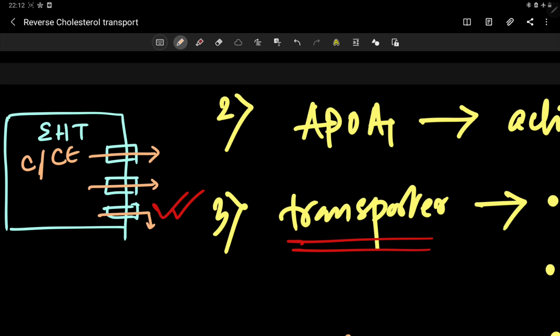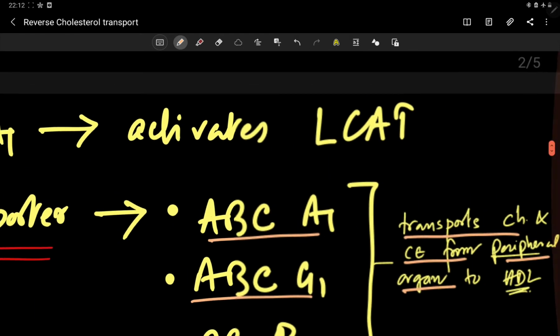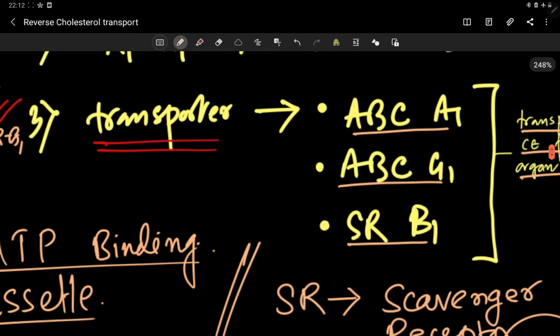So these three transporters I am talking about, they are named your ABCA1 transporter, next is ABCG1 transporter, and last one is your SRB1 transporter. Okay, so these three transporters are transporting cholesterol and cause the external mobilization of cholesterol from extrahepatic tissue.